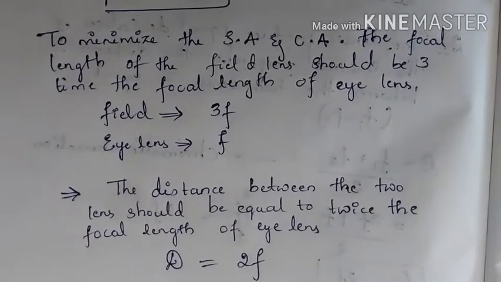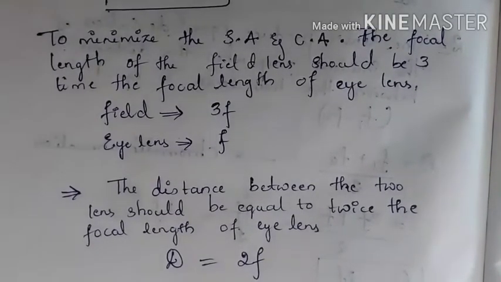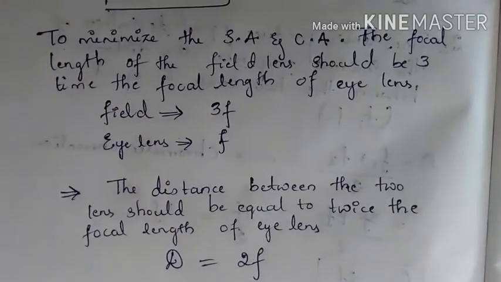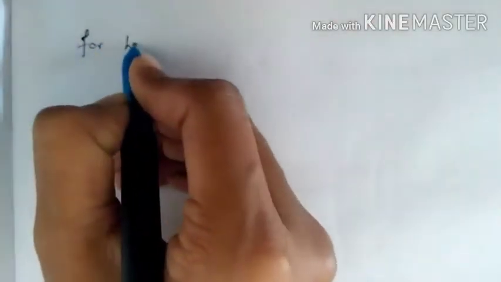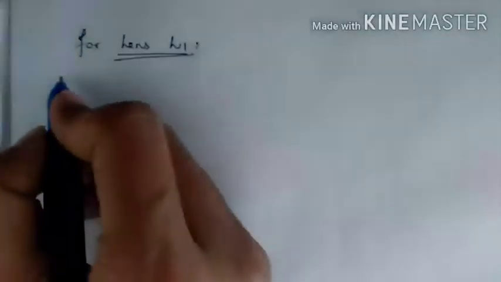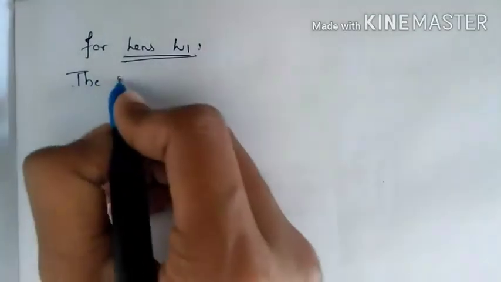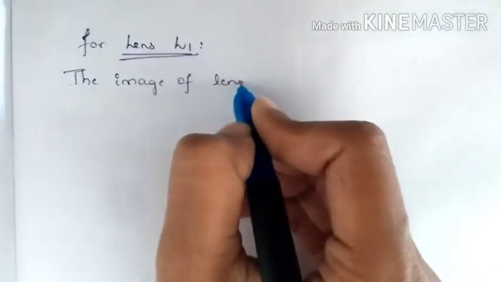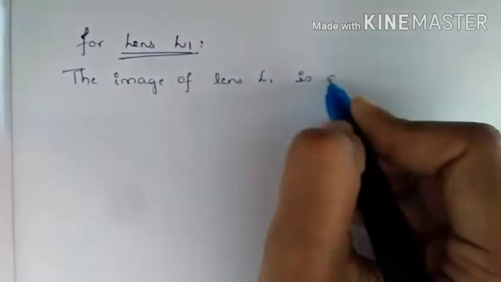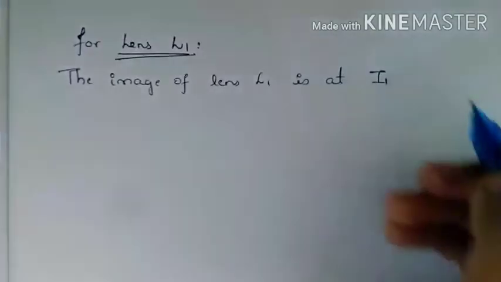So now let us understand the equivalent focal length and the position of cross wires. So before that, for lens L1, the image of lens L1 is at I1.